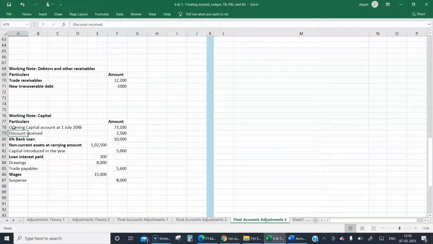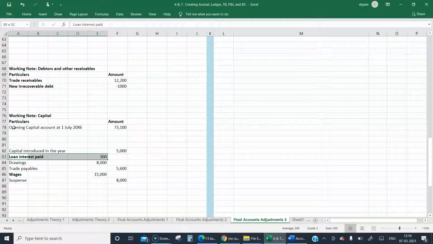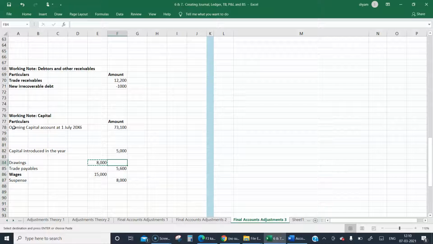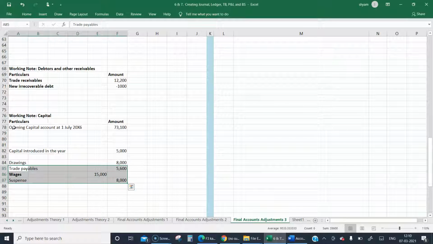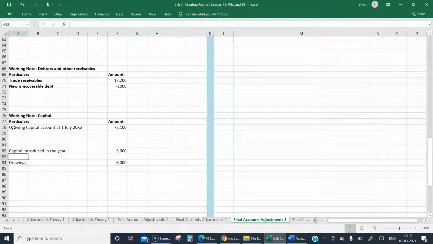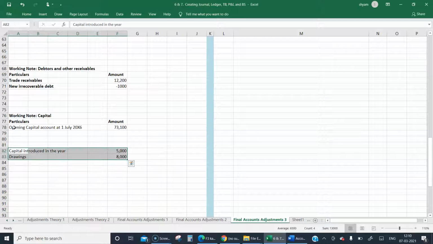The next one is capital introduced. Thereafter we have drawings. With that, I think we can end this working note.